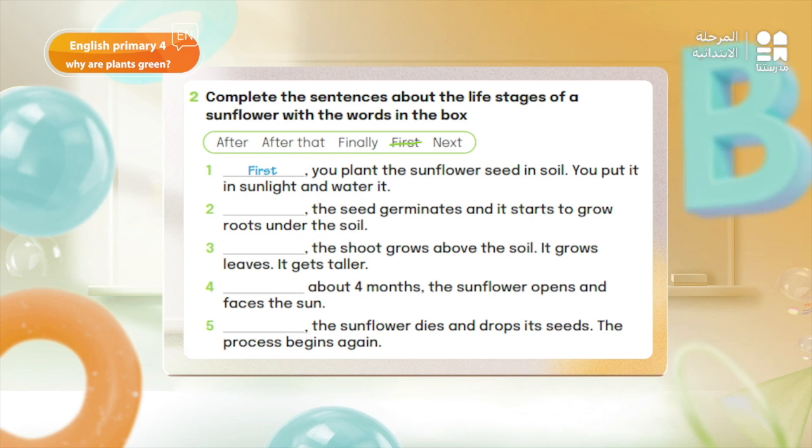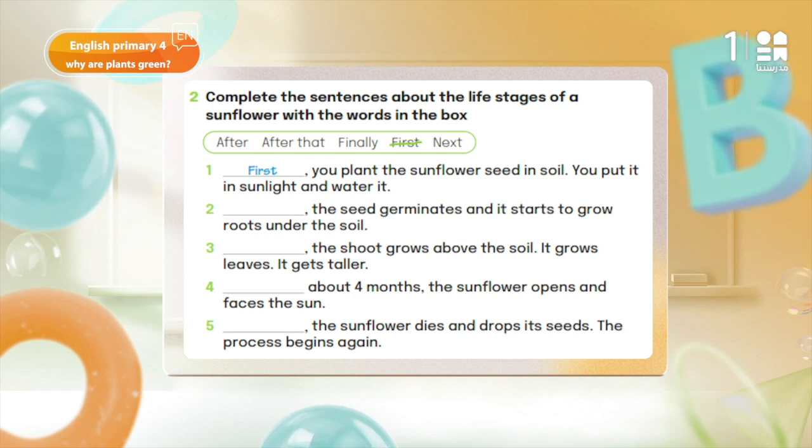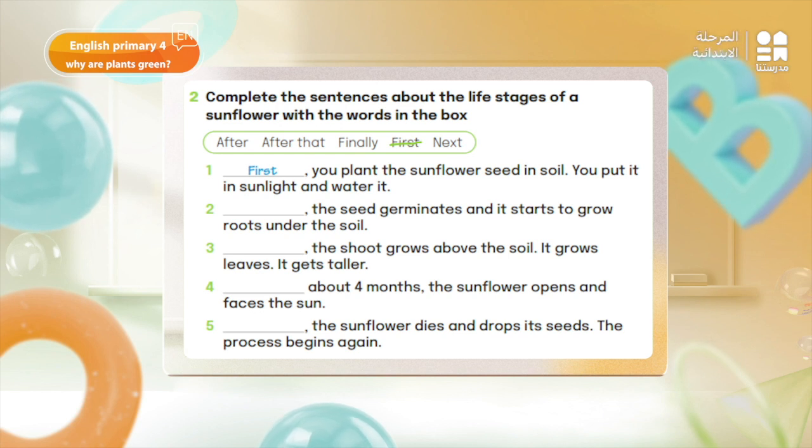1. First, you plant the sunflower seed in soil. You put it in sunlight and water it. 2. Next, the seed germinates and it starts to grow roots under the soil. 3. After that, the shoot grows above the soil. It grows leaves.